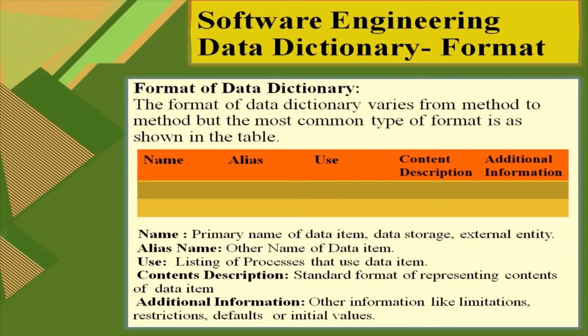Alias name is another name of the data item. Use lists the processes that use the data item. Content description is the standard format of representing contents of the data item. And additional information includes other information like limitations, restrictions, defaults, or initial values.